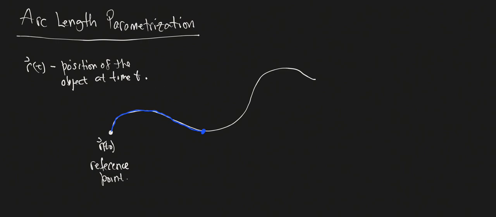But suppose we wanted our position to be a function not of time, but instead of distance traveled. So let's flip the question and say, what if I were to travel for 5 miles along this curve?